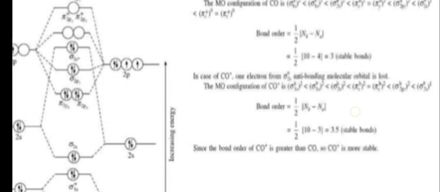Now the bond order calculation. It is given by the formula bond order equals 1 by 2 of Nb minus Na, where Nb is the number of electrons present in bonding molecular orbitals and Na in anti-bonding ones. The configuration is the same as nitrogen.